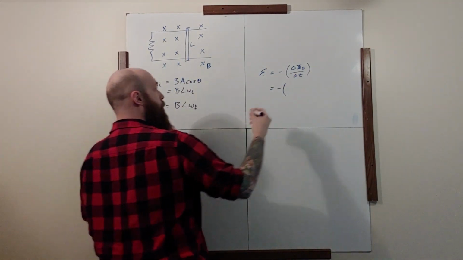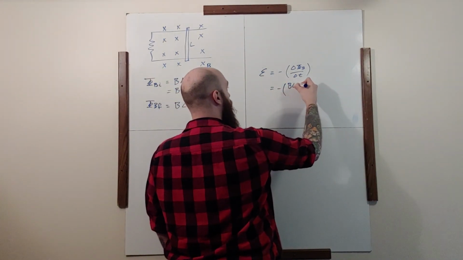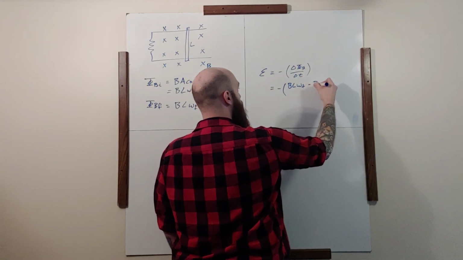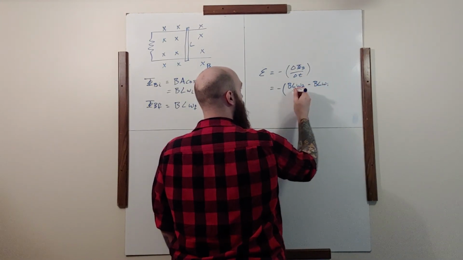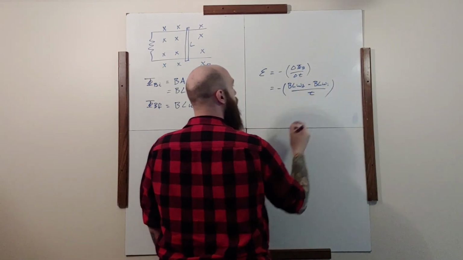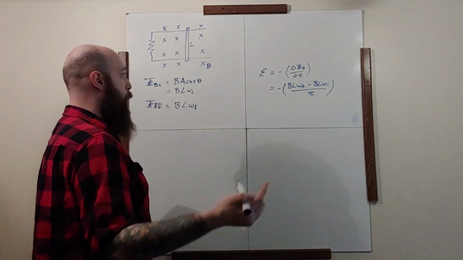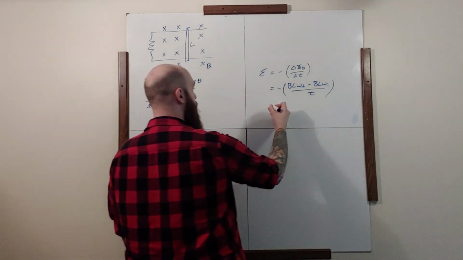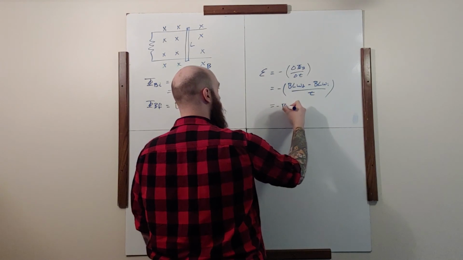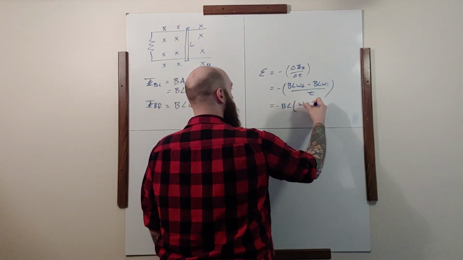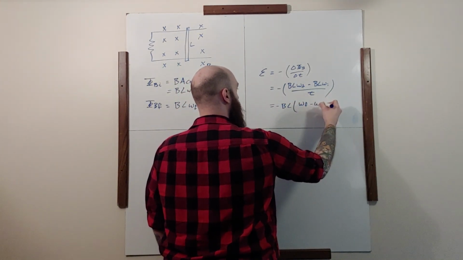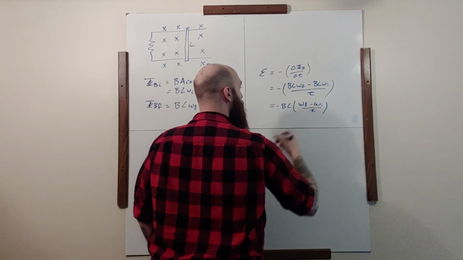Final minus initial is going to be BLW final minus BLW initial all over T. And we've got a BL in both of these, so we can just pull that common factor out and make this negative BL times WF minus WI all over T.